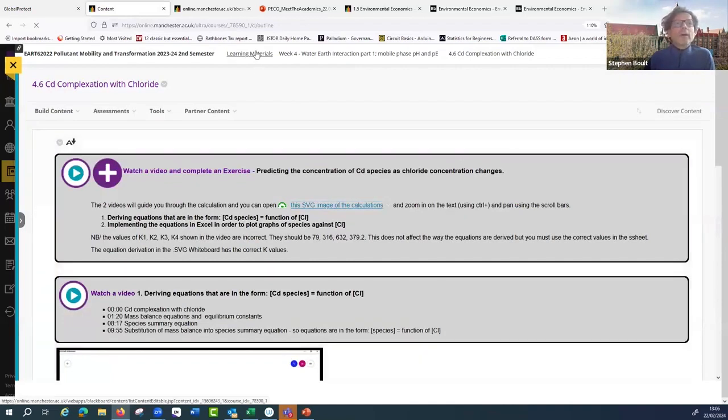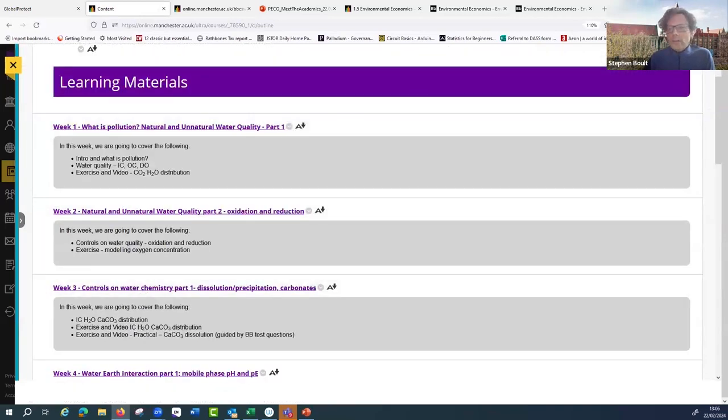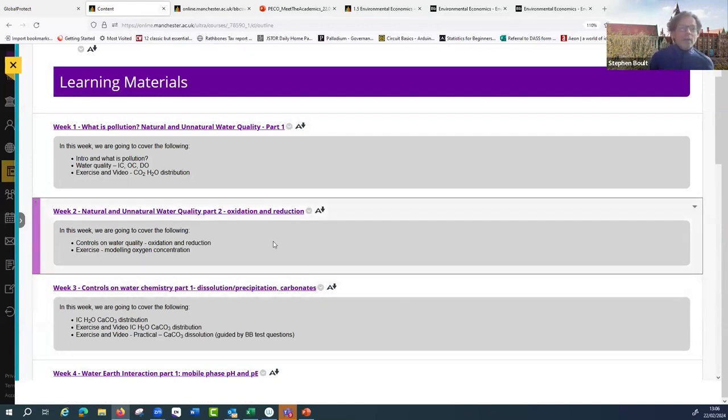And then if I go back to learning materials, the other things that we cover are, we deal with natural processes and how they're changed by the impact of pollution. We study particularly water.